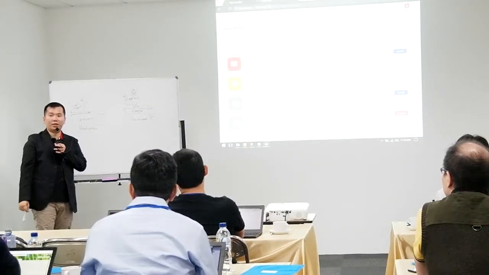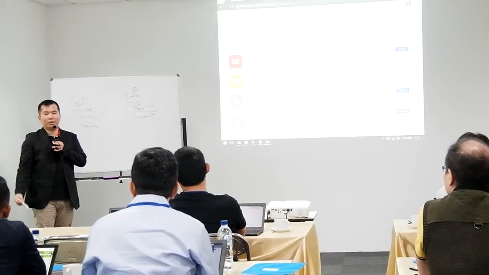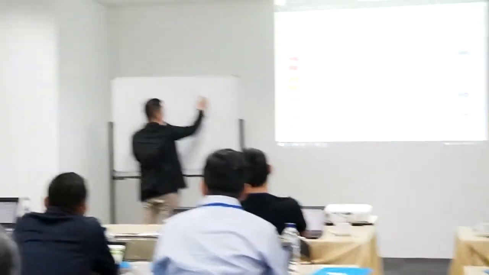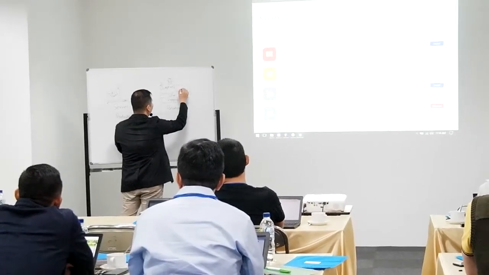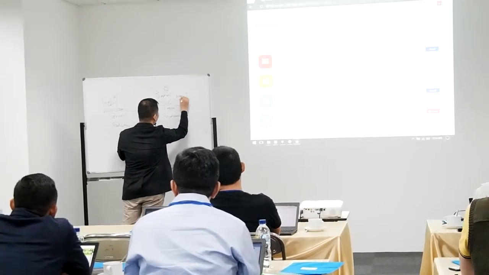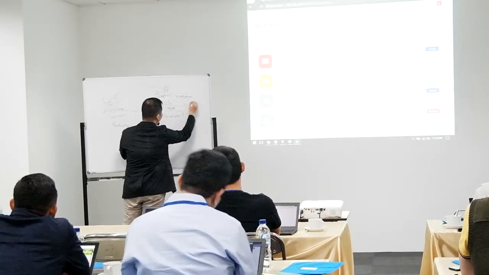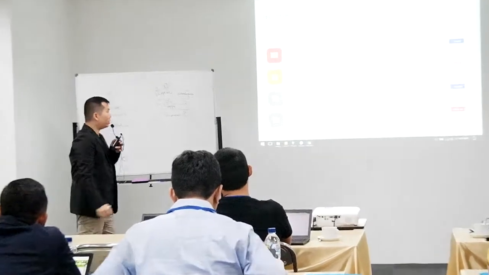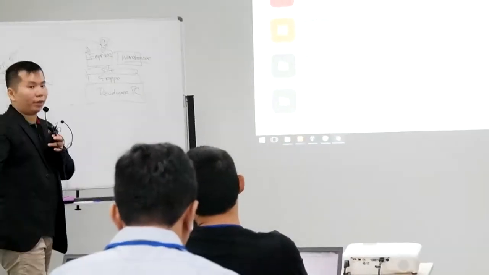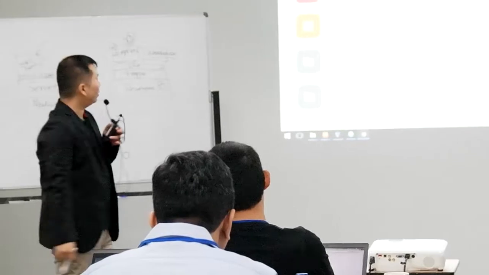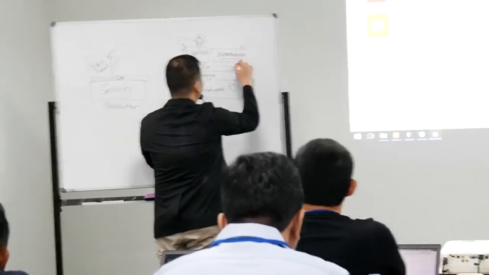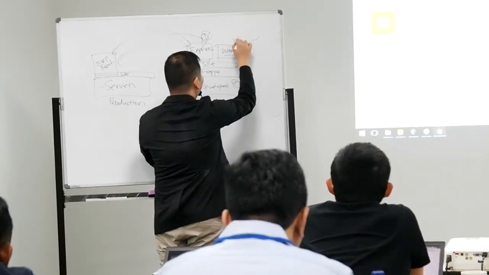But if you want to make your own module, let's say a warehouse app that extends the capability of ERPNext, you can ask your developer to write the warehouse module.